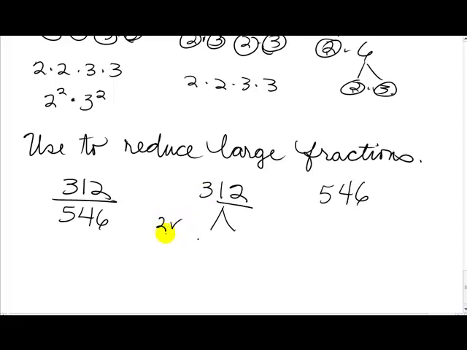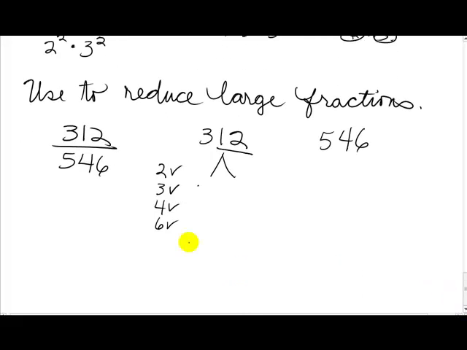So the 2 rule, yes. 3 rule, yes. 4 rule, yes. And if the 2 and the 3 are a yes, so is the 6. So I could start with any of these numbers here. If I start with the 2, I'll end up with a little lopsided tree, but it won't matter. If I start with the 6, it'll be more even, but again, it won't matter. We'll end up with the same number down here at the end. I'm going to go ahead and start with 3.